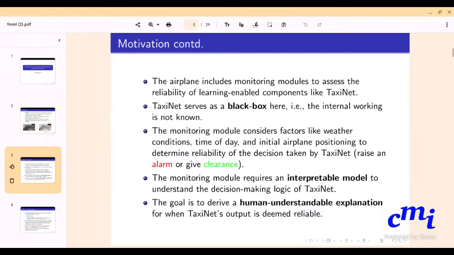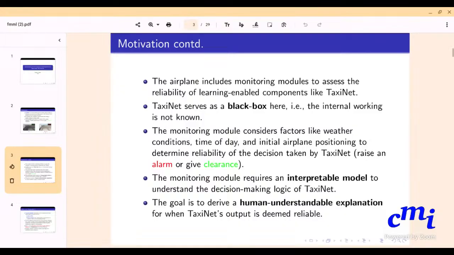There are a couple of features that this neural network accepts as input, namely position of clouds, which denotes weather basically, time of the day, and maybe positioning of the airplane, and weather conditions are reflected by the number of clouds.